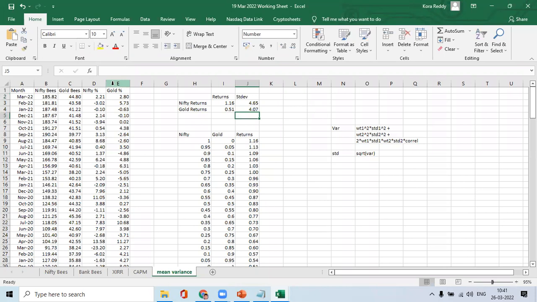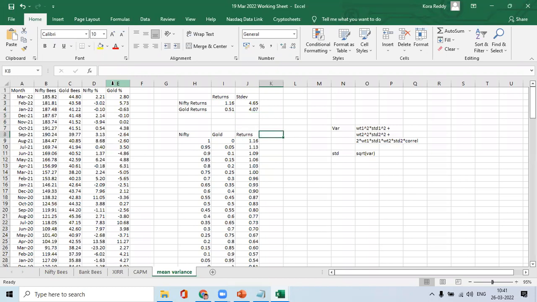I mean, Nifty is a little higher, 4.65% versus 4.07. The returns in gold are simply 0.5 versus Nifty at 1.16.